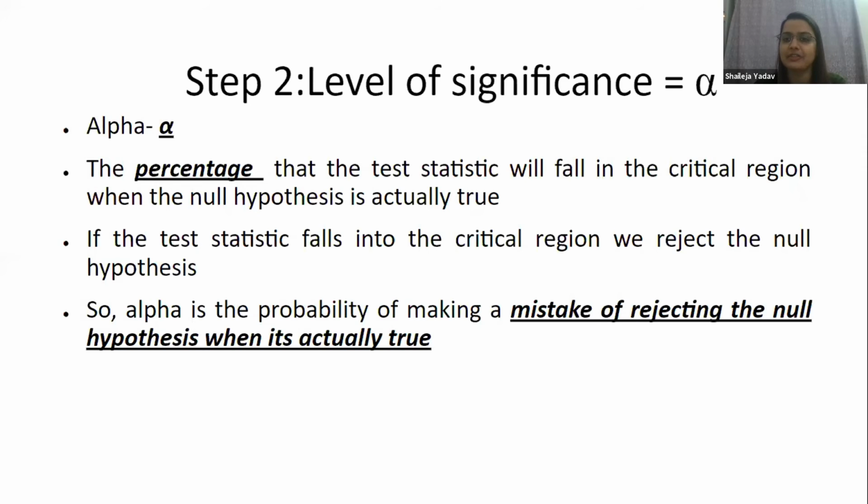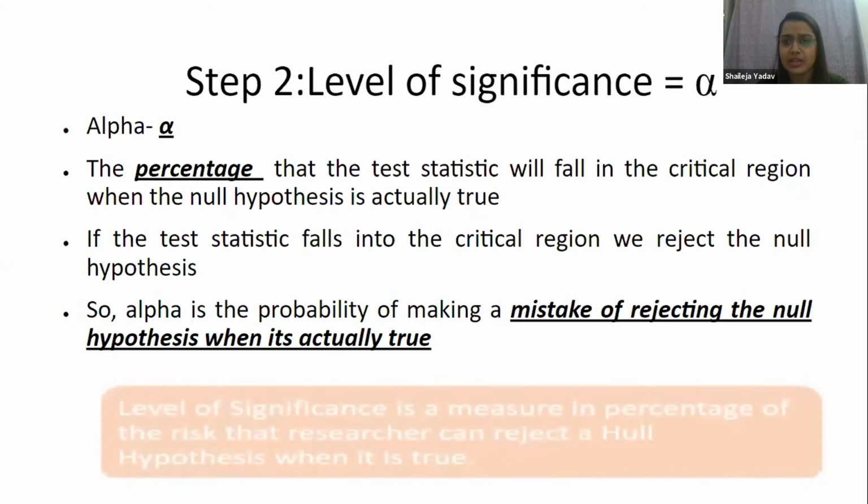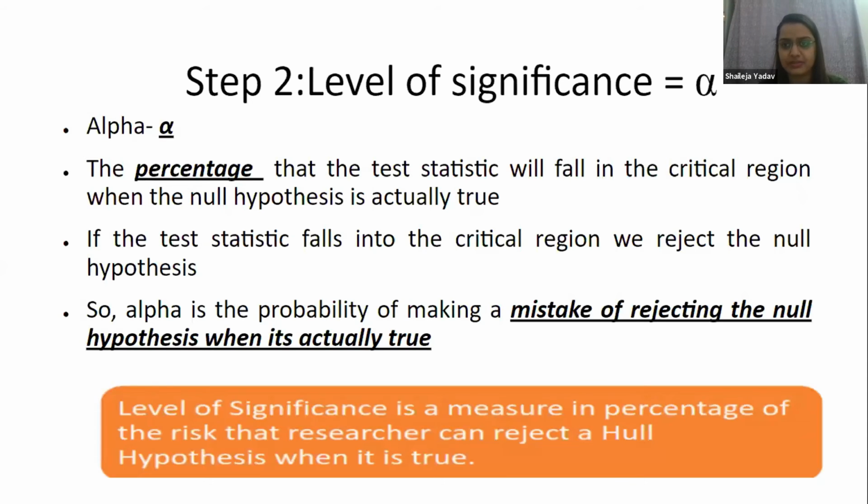Another commonly used value for alpha is 0.01. What alpha really means is that it considerably reduces your chances of rejecting your null hypothesis when it is actually true. So it reduces your chance of making a false positive decision.